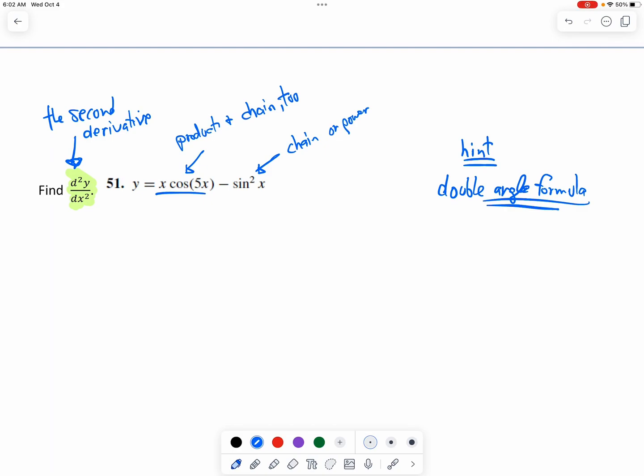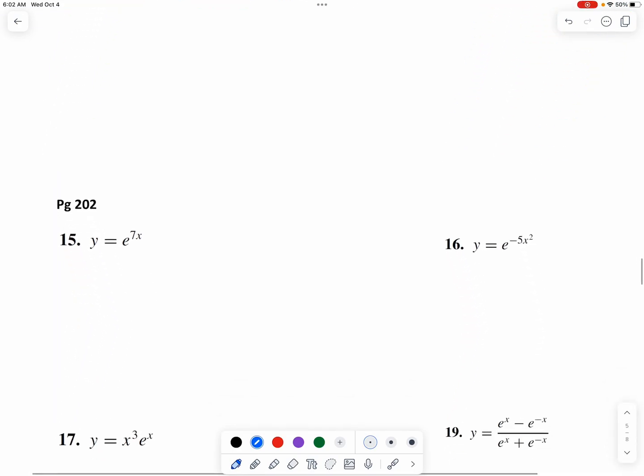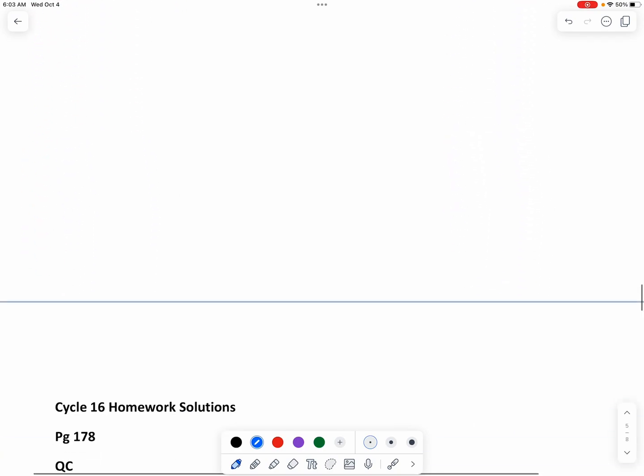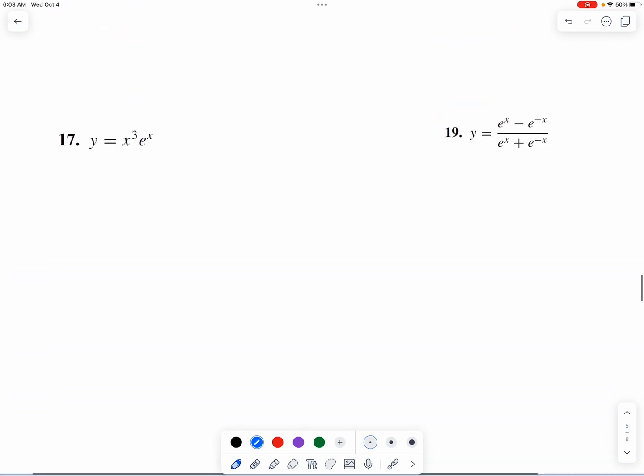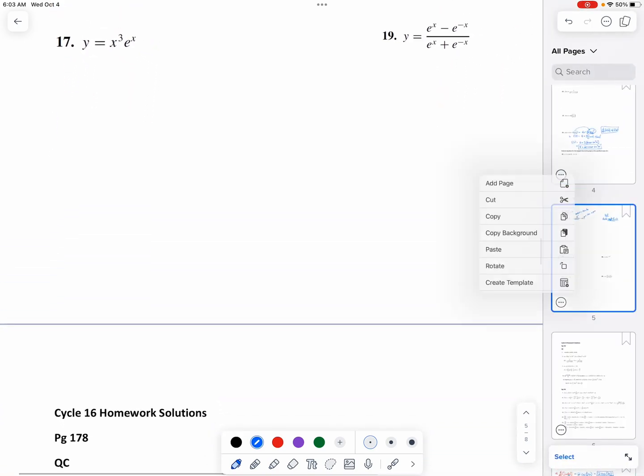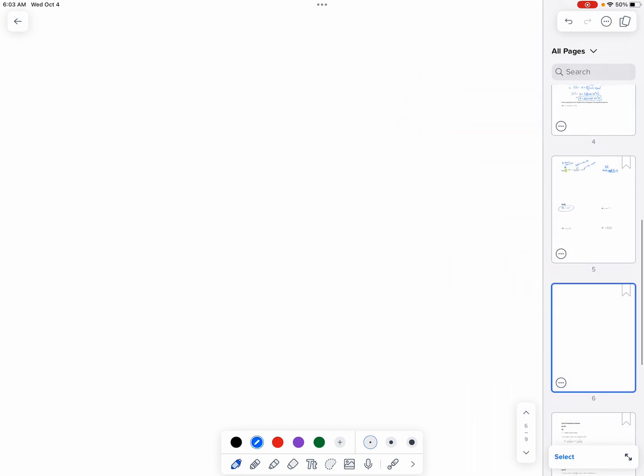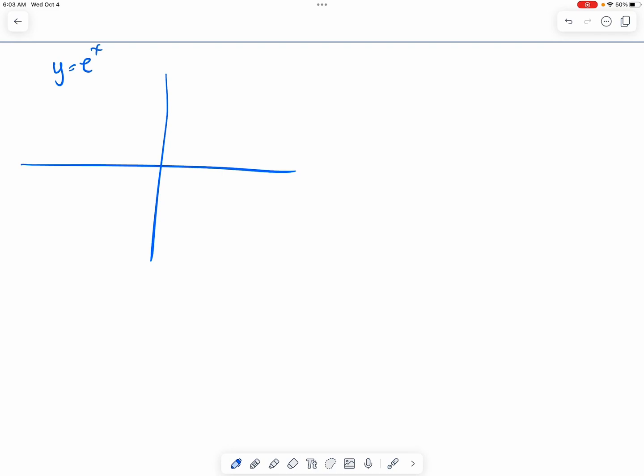Okay, we are almost there. There's one more thing you need from me when it comes to derivatives of e to some power. Let's go down here and make a little separate page and take a look at e to the x. You don't have to remember this, but this is what y equals e to the x looked like.